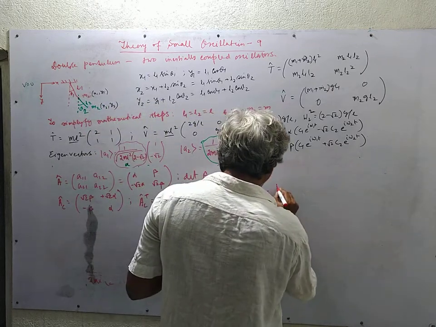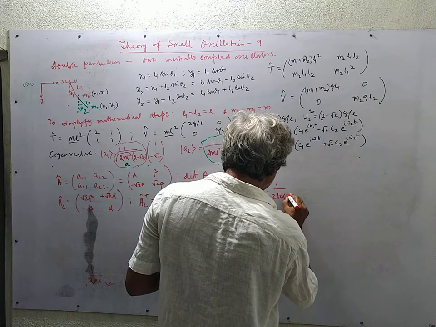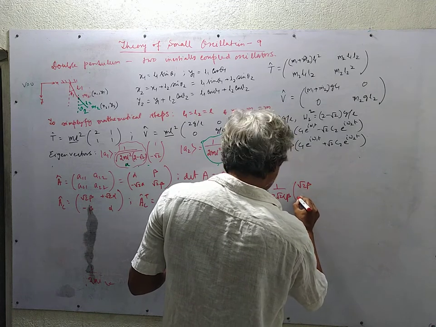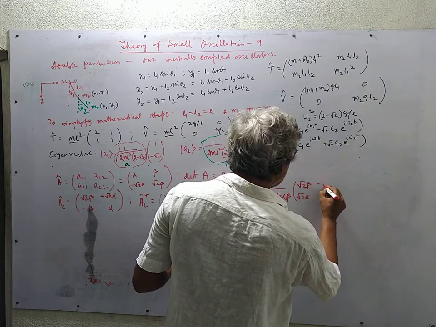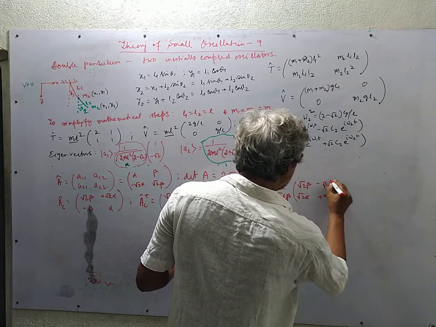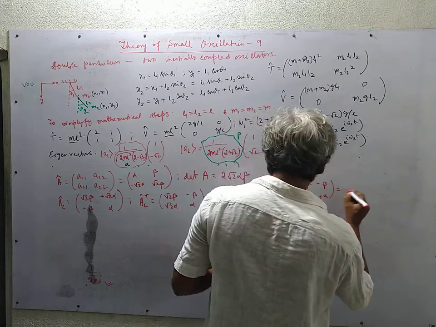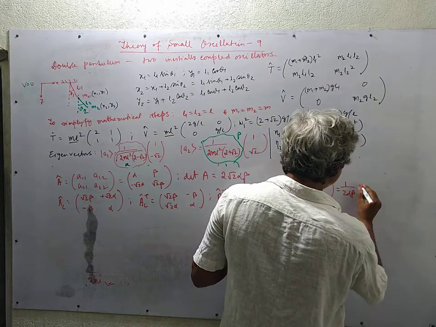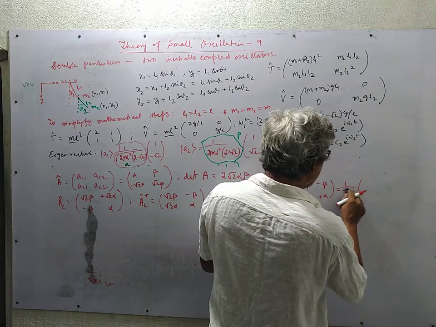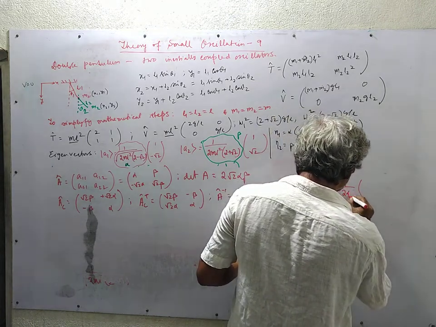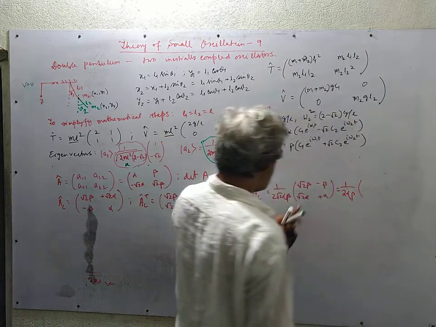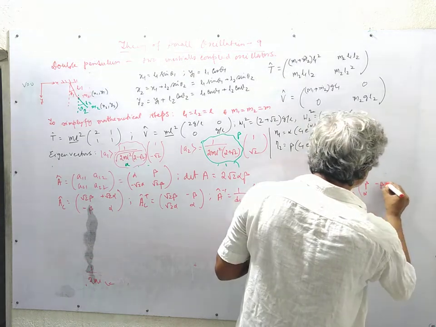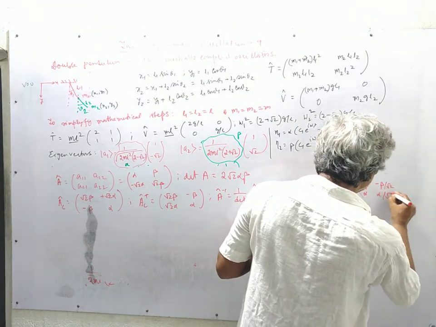So this is 1 upon 2 root 2 alpha beta, then root 2 beta, root 2 alpha, minus beta, plus alpha, which is 1 upon 2 alpha, 1 upon 2 beta, then this is beta, alpha, minus beta upon root 2, alpha upon root 2.